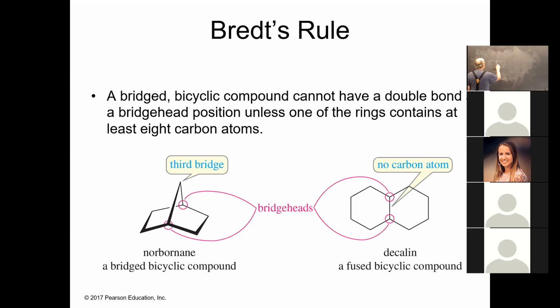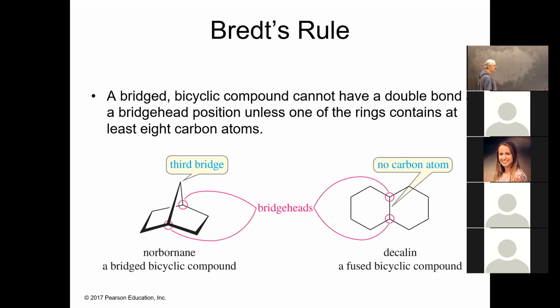We can put a double bond at the bridgehead. I can easily make a model of this. These are stable, they can exist. There's no problem. Let me go ahead and erase this.